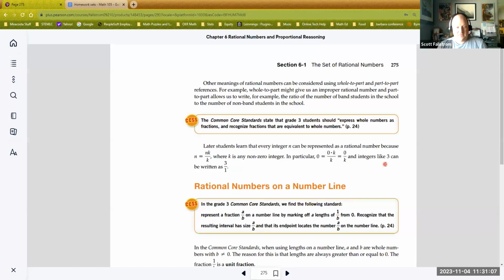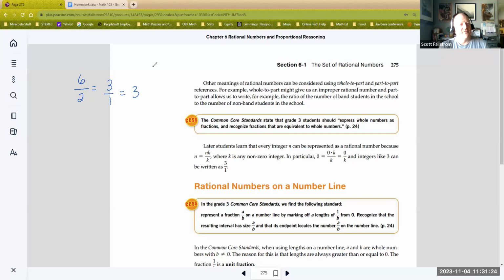Rational numbers. So we said it has to be an integer divided by an integer. So here's an integer, there's an integer. And what's great is that that is equivalent to 3/1, which is equivalent to 3.